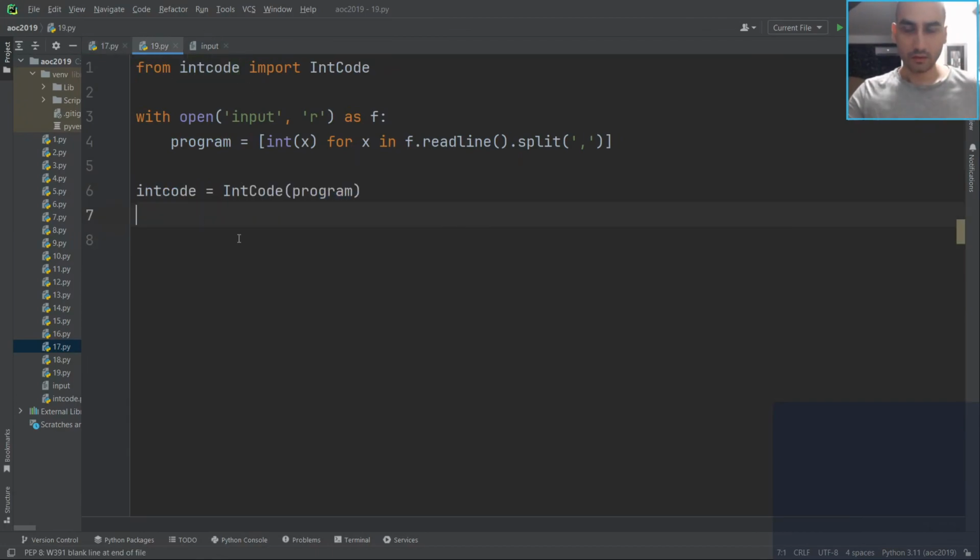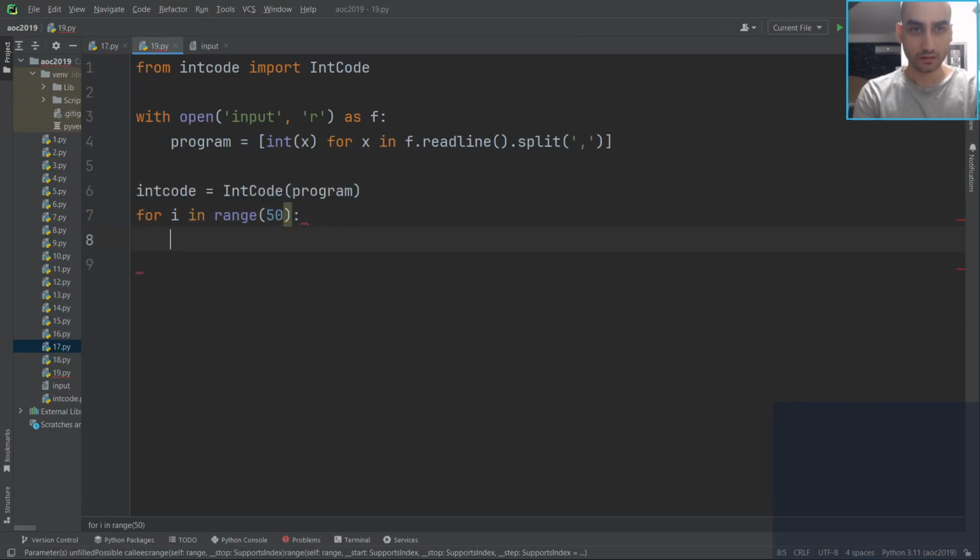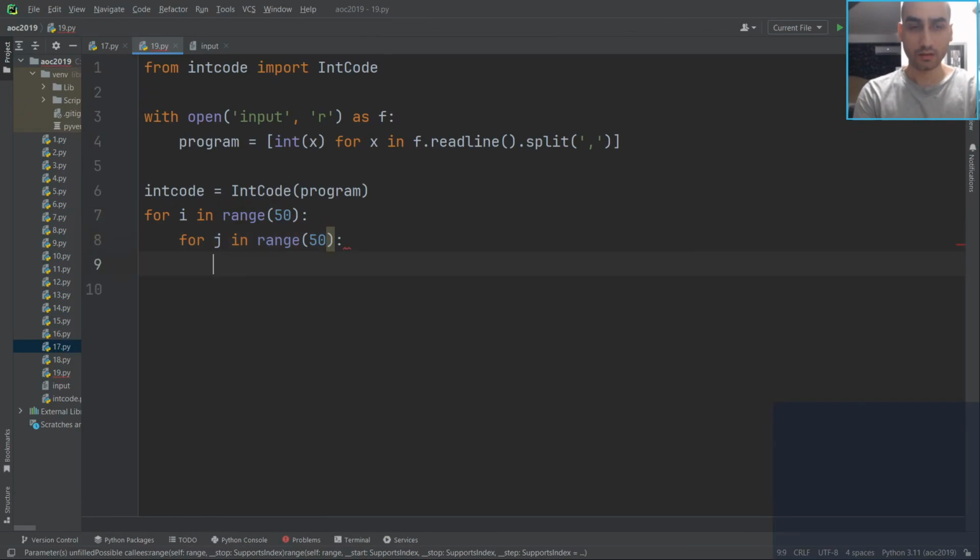So... this is the very naive algorithm, but if it works, then this is very quick, part 1. For i in range 50, for j in range 50, we do Intcode dot put input.